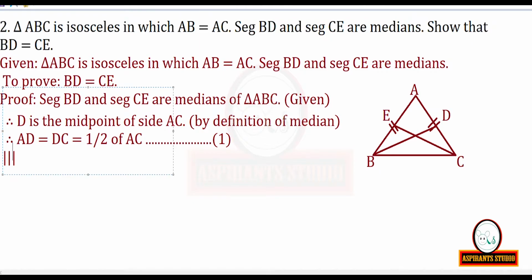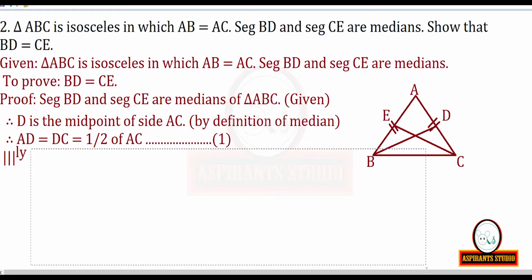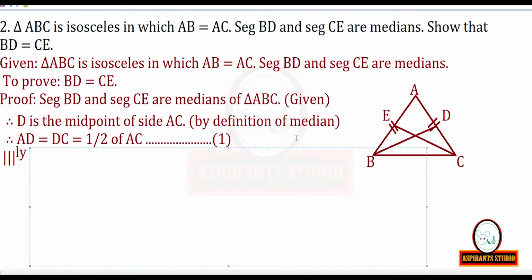Look at the figure. The notation of similarly is written now. Look at the notation. How it is written? Similarly. Short form of similarly. Since E is the midpoint of side AB, we also have AE is equal to EB is equal to half of AB.